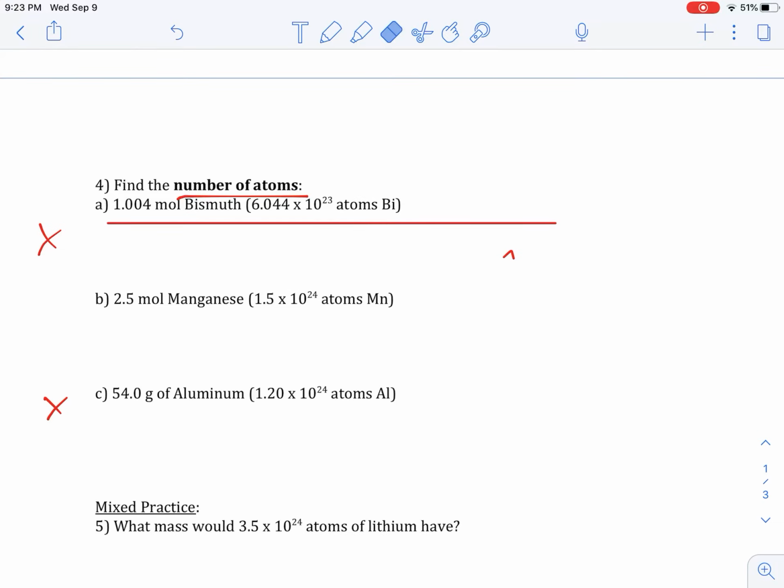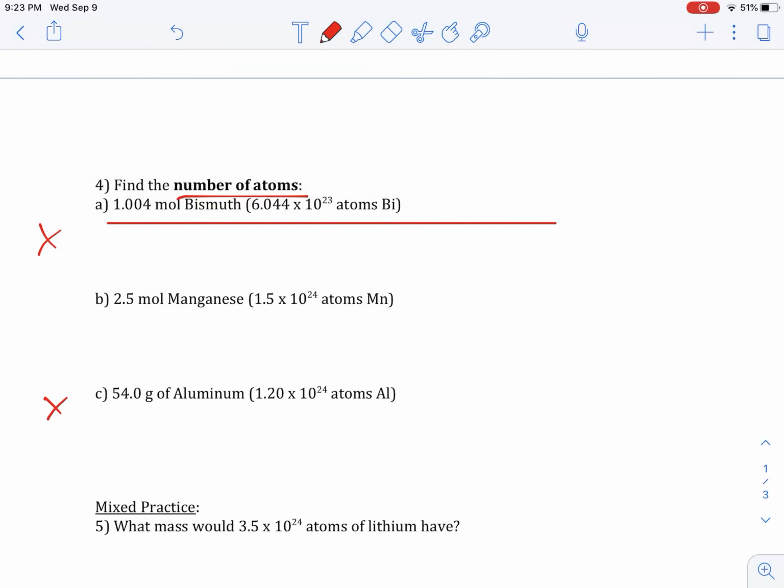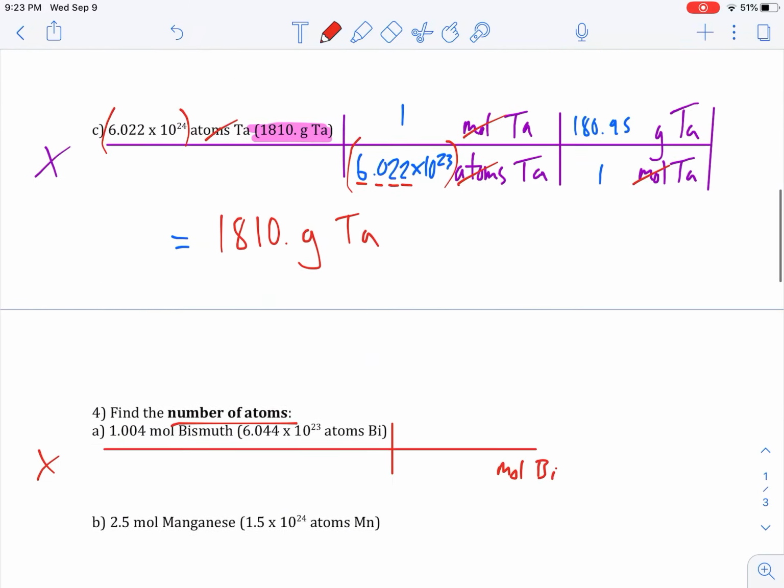Starting with this one where we have moles of bismuth. We know we need to cancel our moles of bismuth, trying to get to atoms. That is a 1-step process, moles to particles, one step.